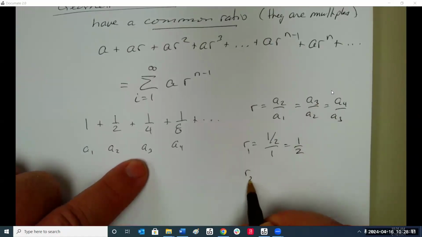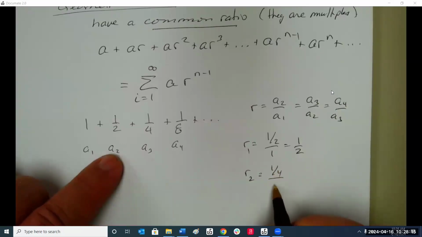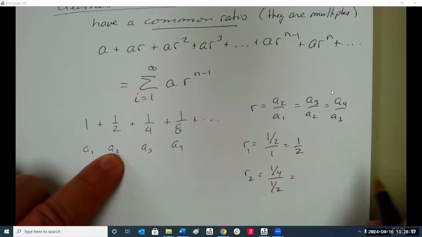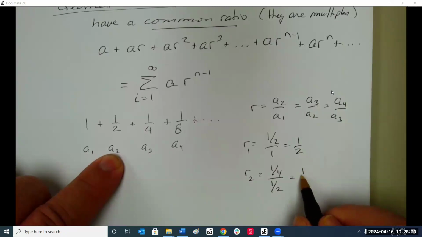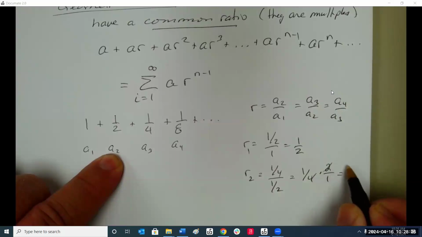Then 1/4 divided by 1/2: take the top fraction, leave it alone, multiply by the flip of the bottom. The 2 and the 4 cancel, so we have 1/2. So far, so good.